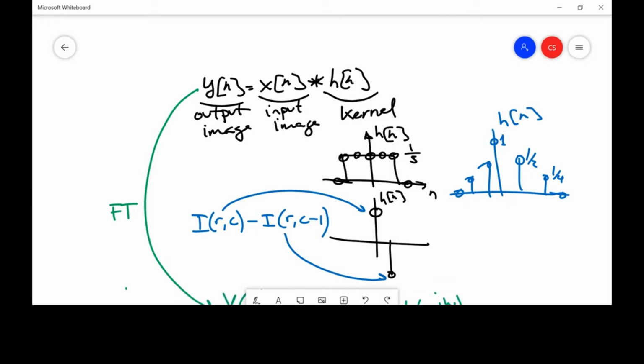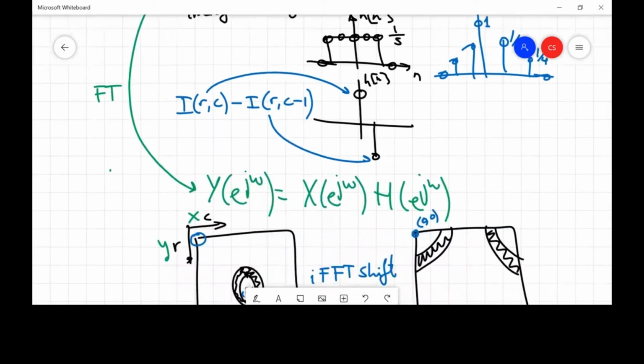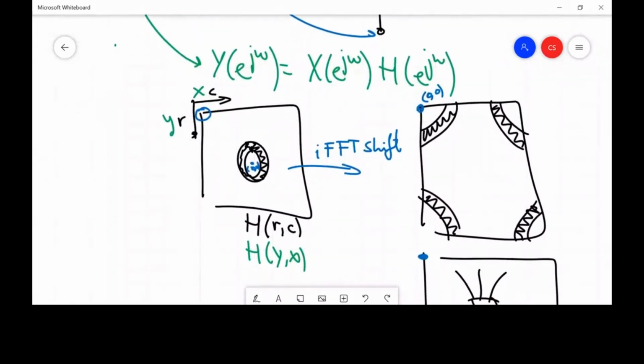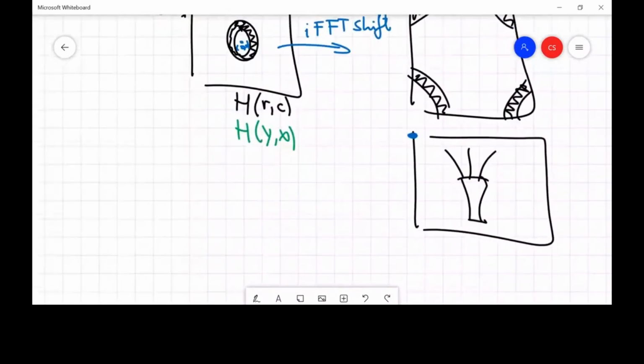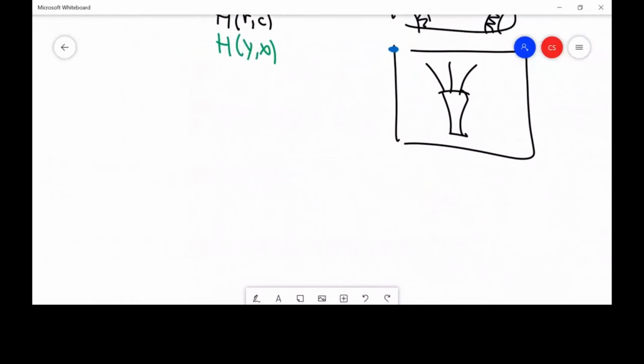Okay, but the Fourier filter doesn't have that problem. You can design your filter in the Fourier space and then do the inverse Fourier transform, and you will have the appropriate weights. So let's say an easy one. Let's say that this is our frequency.